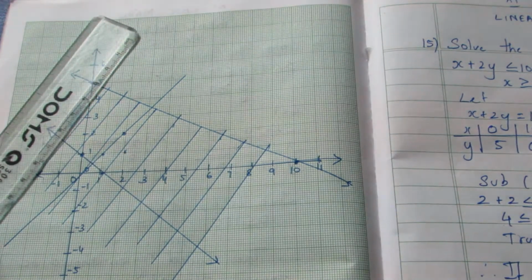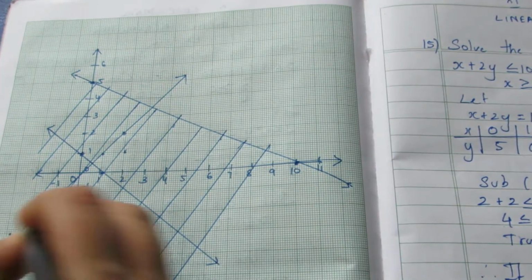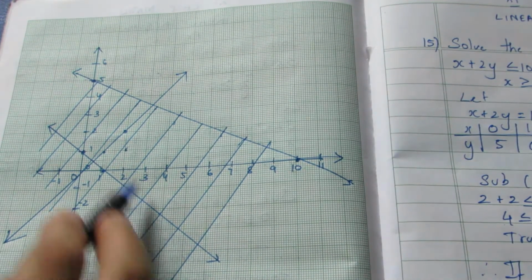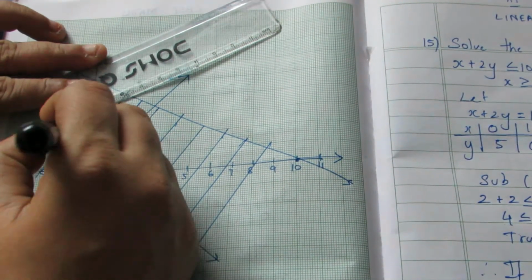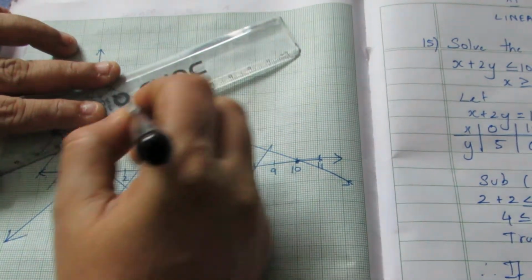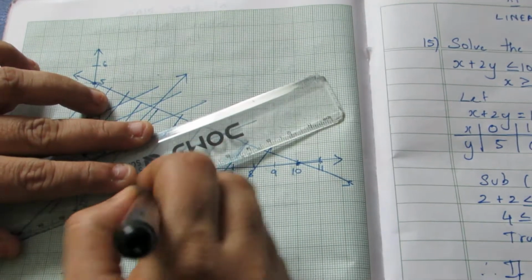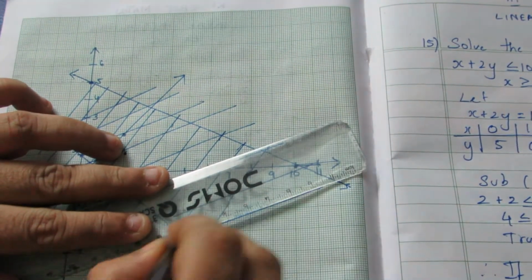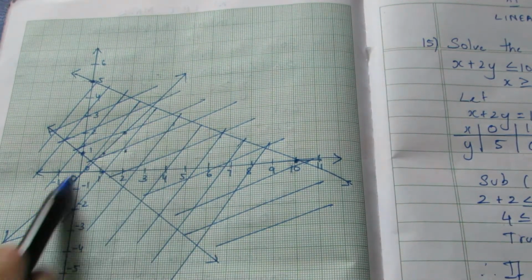Now in the second case, the second equation is here. It is true. The point is here, so it is to be towards the point. Now this is your third equation.